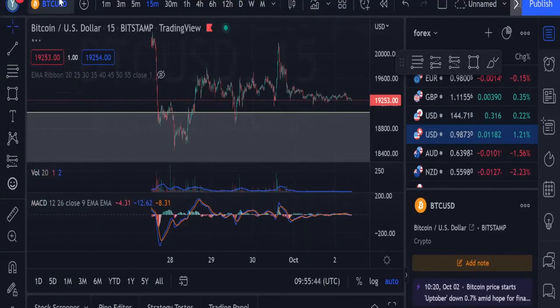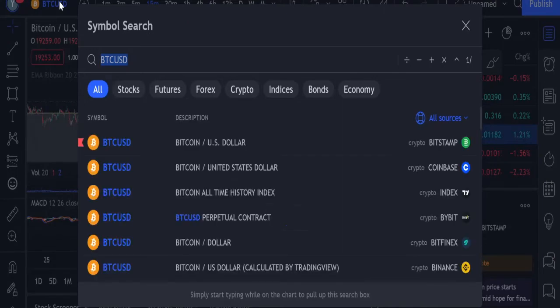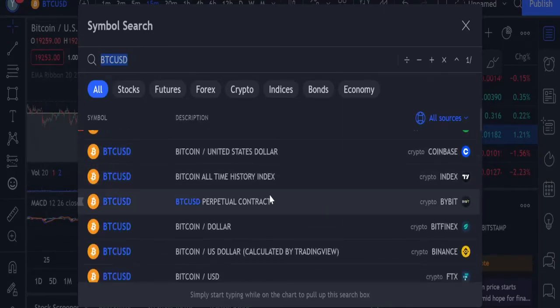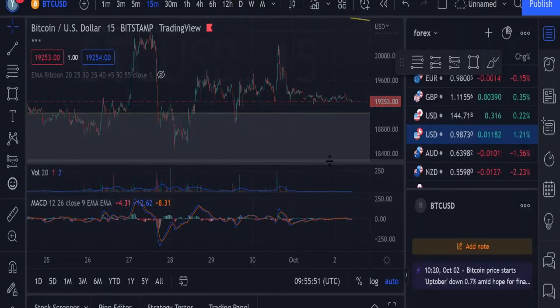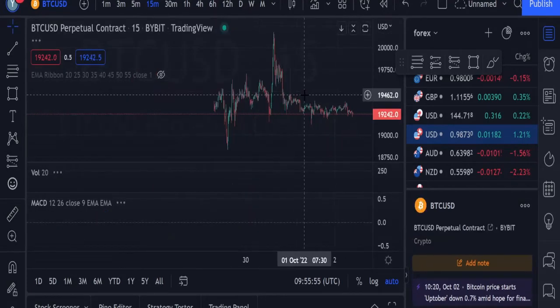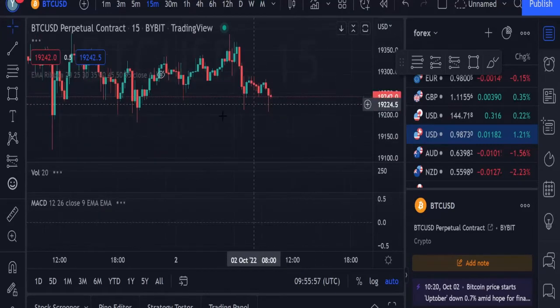I think I'll be changing this chart. I don't like this chart much. Let's check, for example, the Bybit chart. This is more clean.